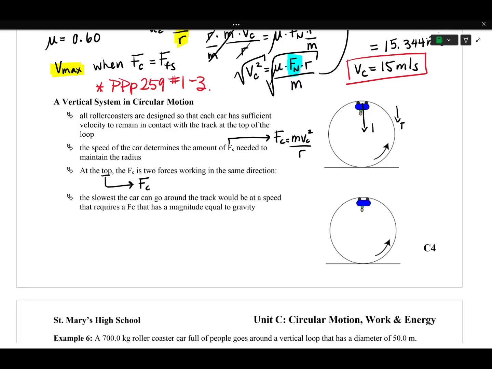We're going to say into the center is positive. We are going to have F of g, and the track is on a surface, so we will also have a normal force. So when we're at the top of the track, our centripetal force will be the normal force plus the force due to gravity.